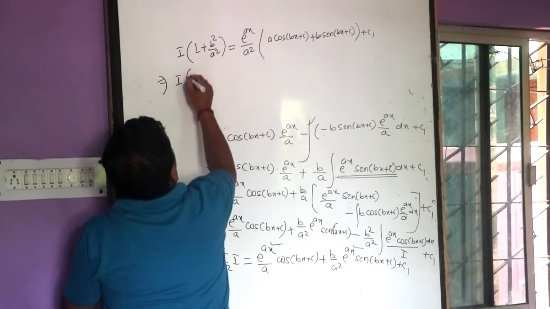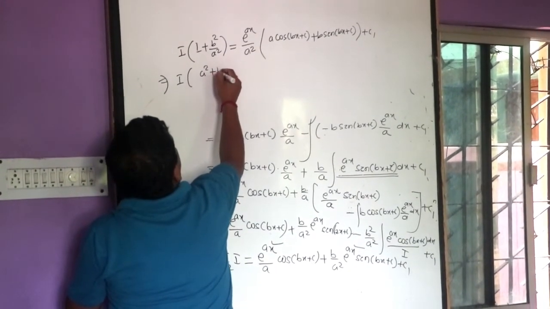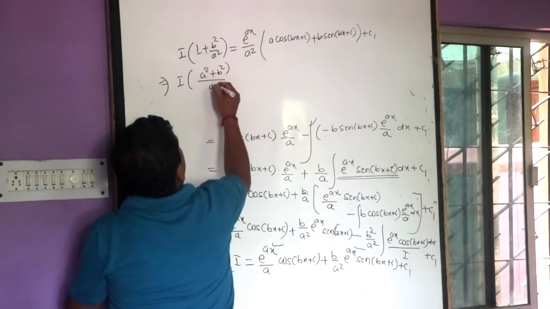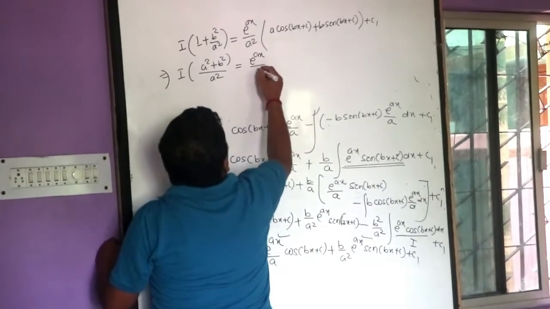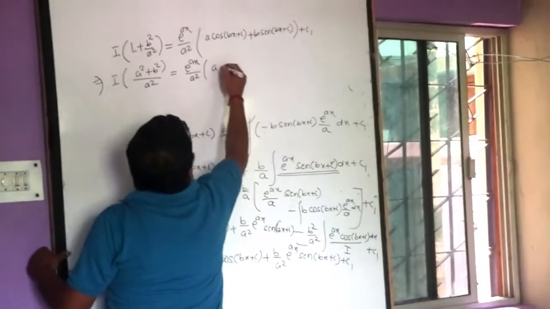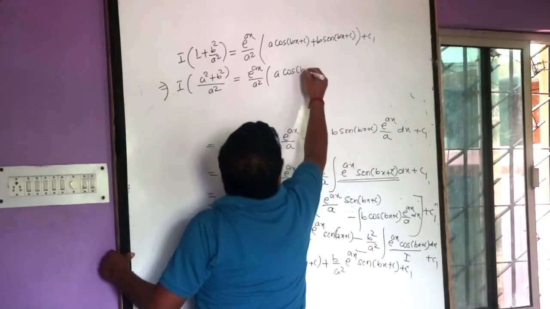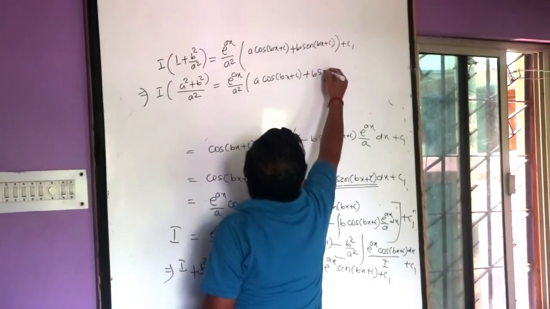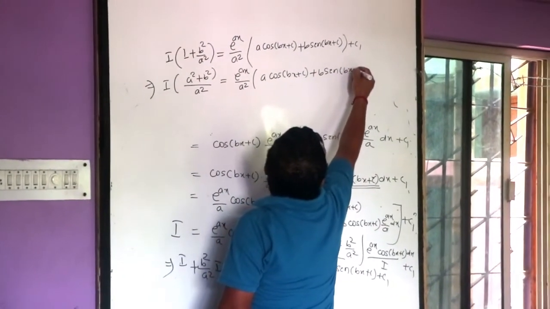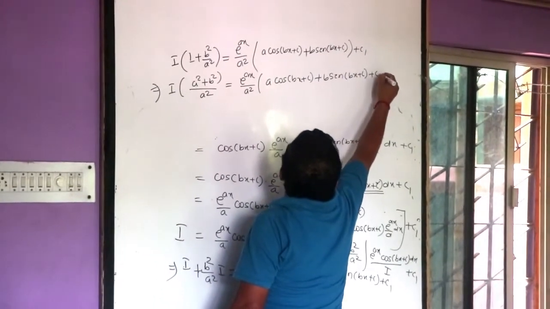That is I into a square plus b square by a square equals to e to the power x by a square, a into cos bx plus c plus b into sin bx plus c, plus c1.